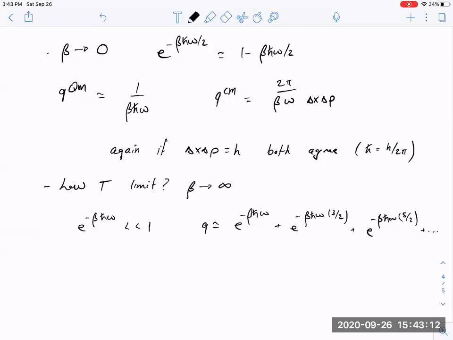So indeed, I pick out only the lowest order pieces of that sum. And in the high beta, low temperature limit, each term is smaller than the rest.